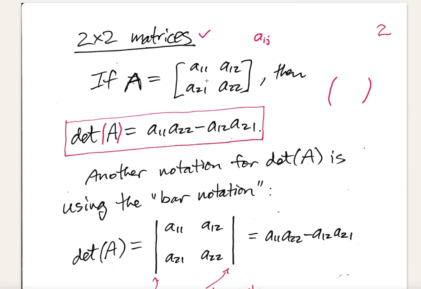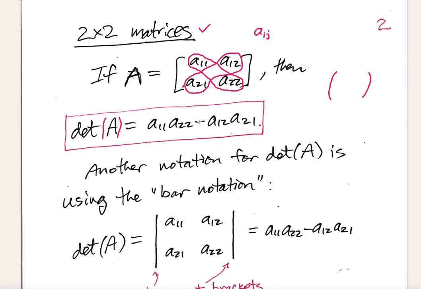In other words, I've got the product of the main diagonal elements, from the upper left down to the lower right, and from that I'm subtracting the product of the off-diagonal elements in this 2 by 2 matrix. You've got to get these in the right order because you do have a difference occurring here. So the product of the main diagonal elements minus the product of the off-diagonal elements.